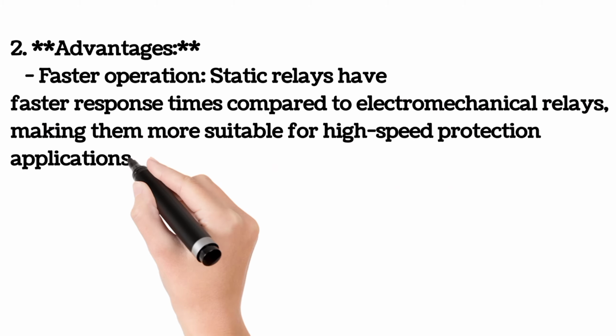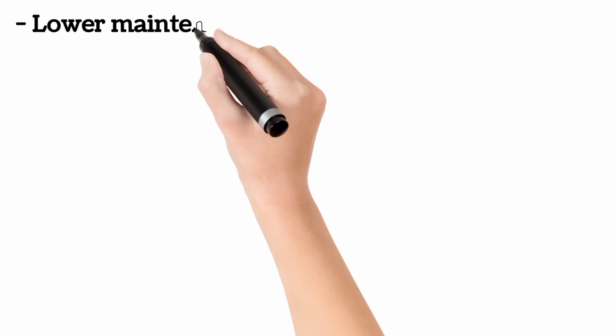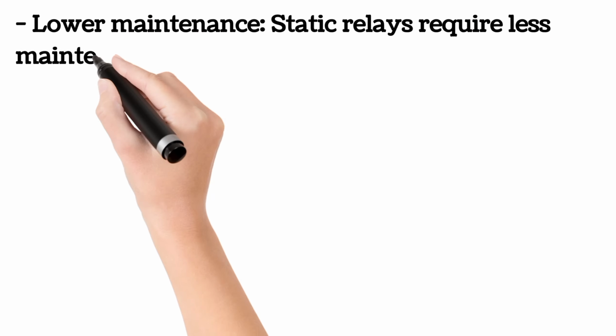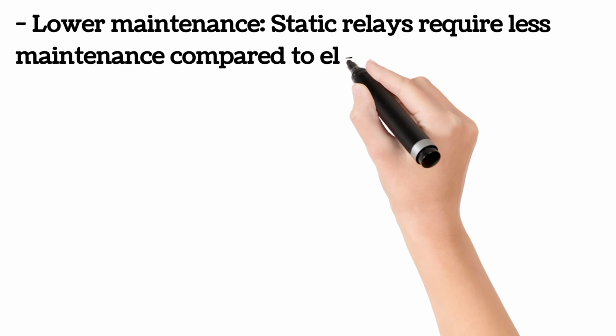Solid-state components have longer lifespans and are less susceptible to wear and tear than mechanical components, resulting in increased reliability. Lower maintenance. Static relays require less maintenance compared to electromechanical relays since they have no moving parts to wear out or become misaligned. Enhanced flexibility. Solid-state components allow for more flexibility in relay design and functionality, enabling advanced protection features and customization options.